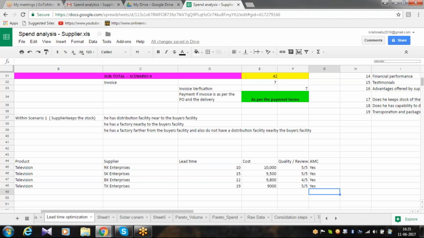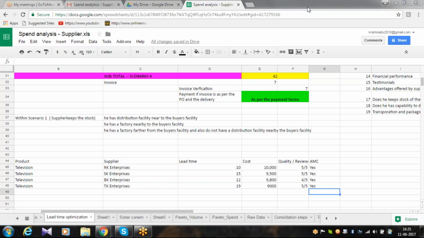Now we have to choose a supplier for the product called television. So whom we will choose? Can you attempt? Prashant, can you attempt? Which particular supplier you would choose from these four suppliers?